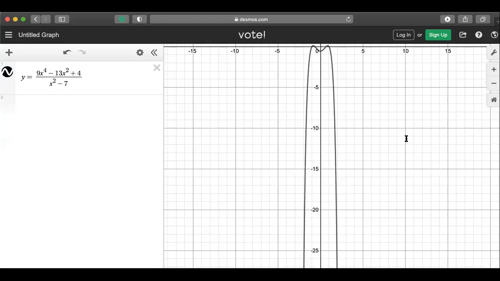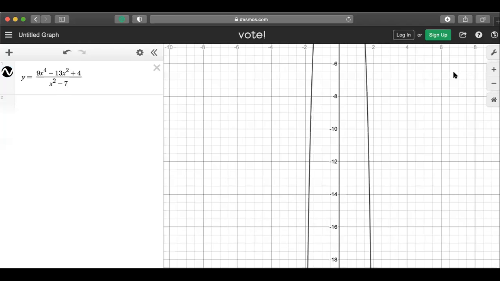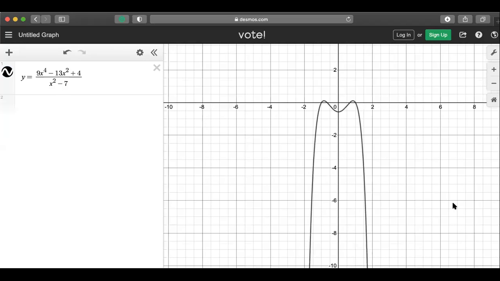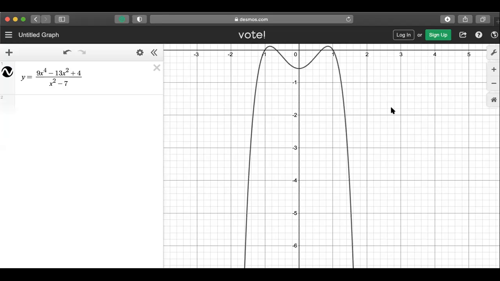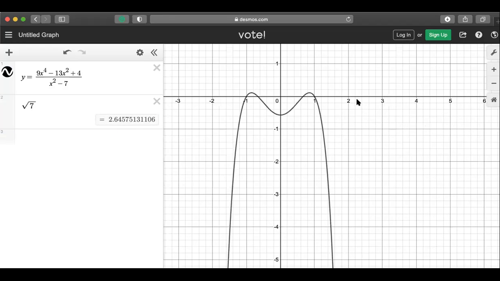Let's zoom in a little bit and see what we notice. What is the square root of 7 first off? This is about 2.65. If you look here, 2.65 is about right here, right? Here's 2.5, so it's a little bit bigger.